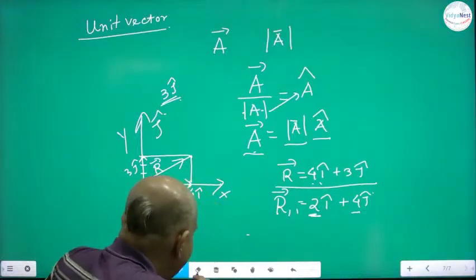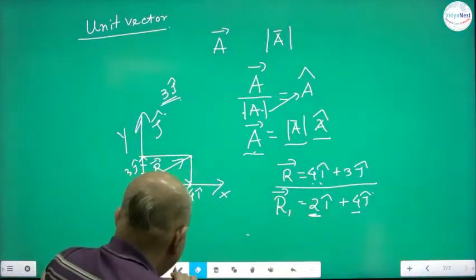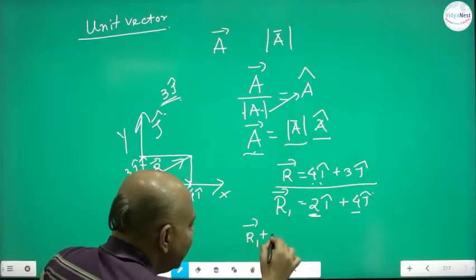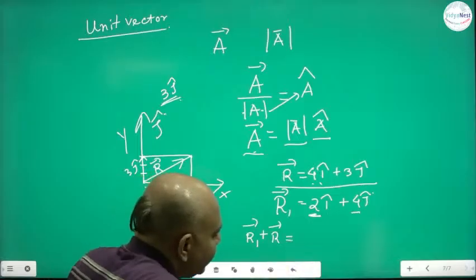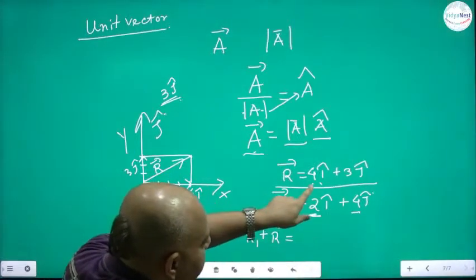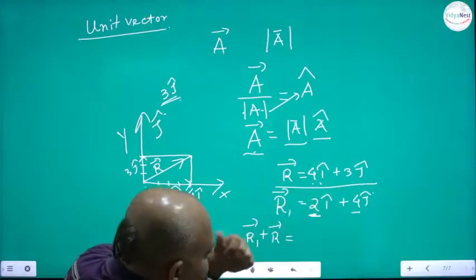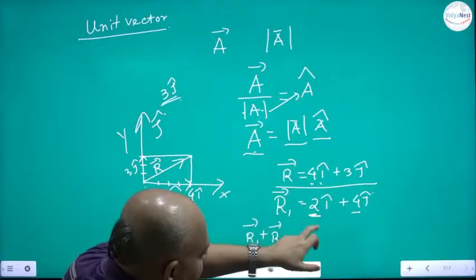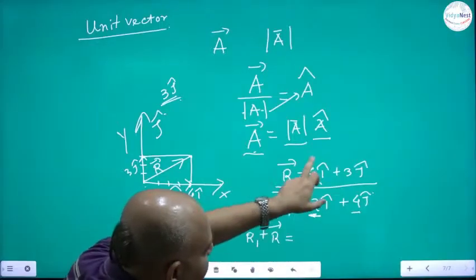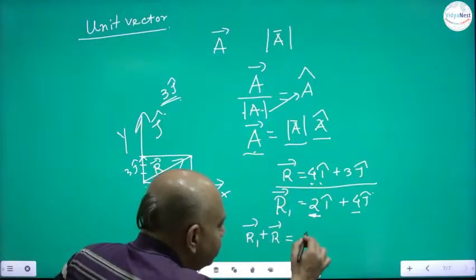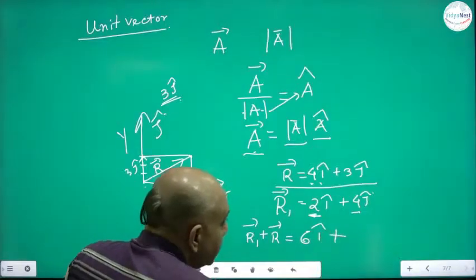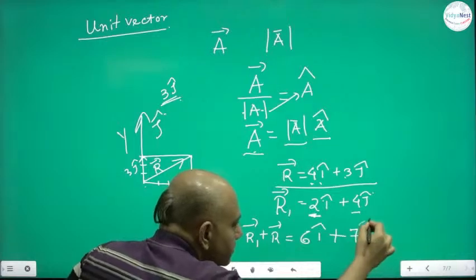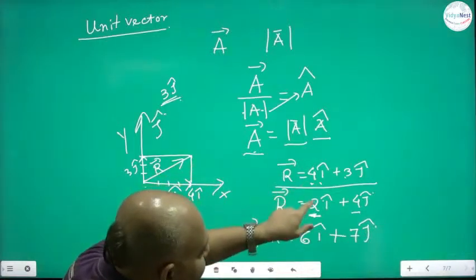So if I want to add two vectors, r1 plus r, what is the possibility? The x component is 4 in r, and the x component of r1 is 2. So if I add these two, 4 plus 2, 6 I cap, plus 3 plus 4, 7 j cap. So only the components are added, nothing else.